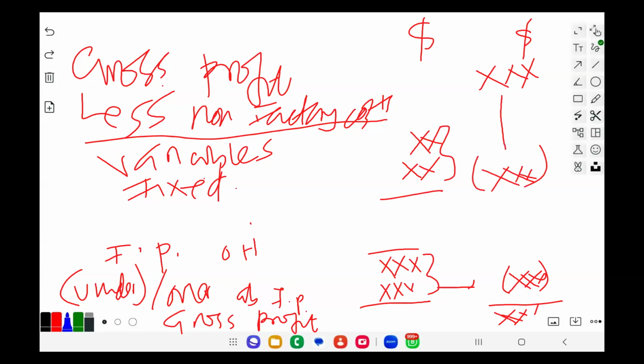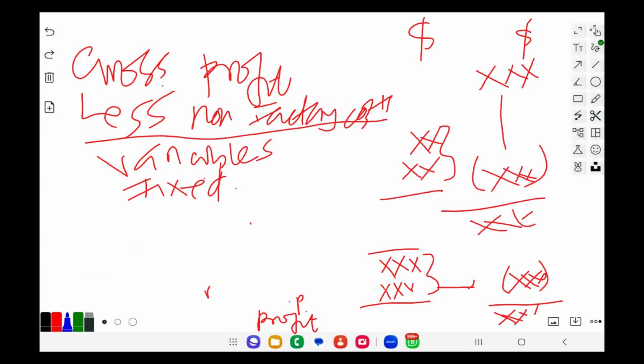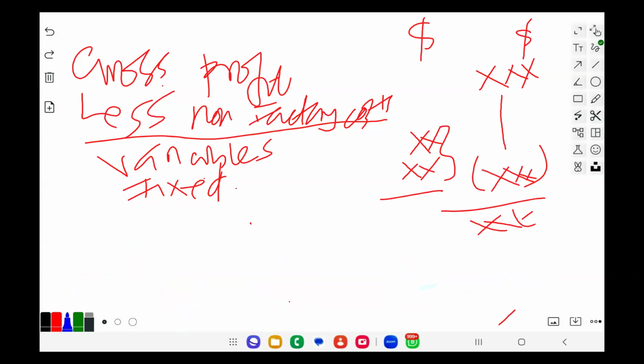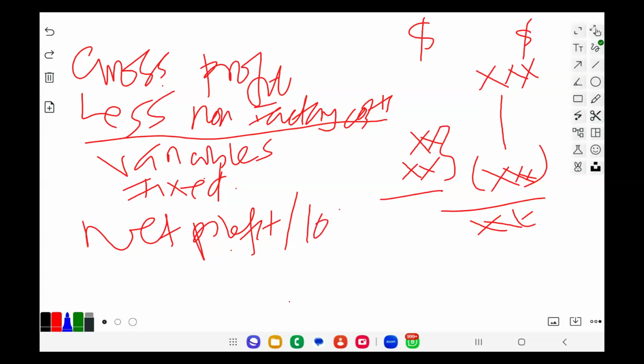Deduct it from gross profit to find the net profit or the net loss. Okay, what you find is net profit if it's positive, and net loss if it's negative.